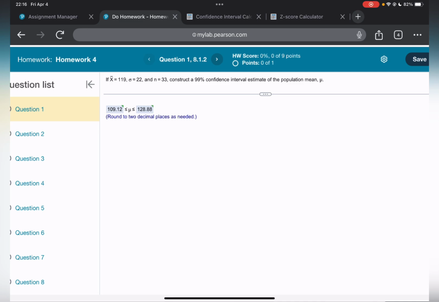Okay, so let's see how we're going to calculate and what we're going to do. There is the calculator, and I'm going to put the link of this calculator under the video, where the comments are, and pin it so you can see.